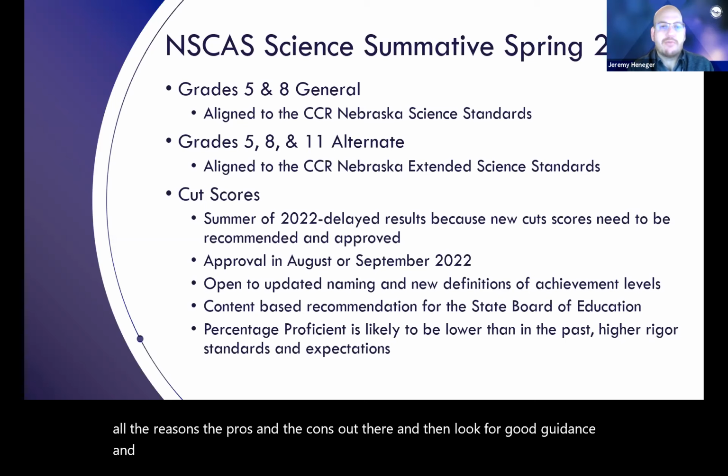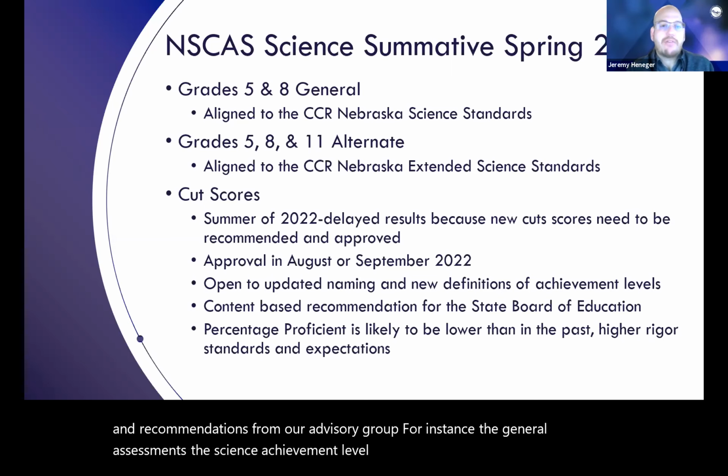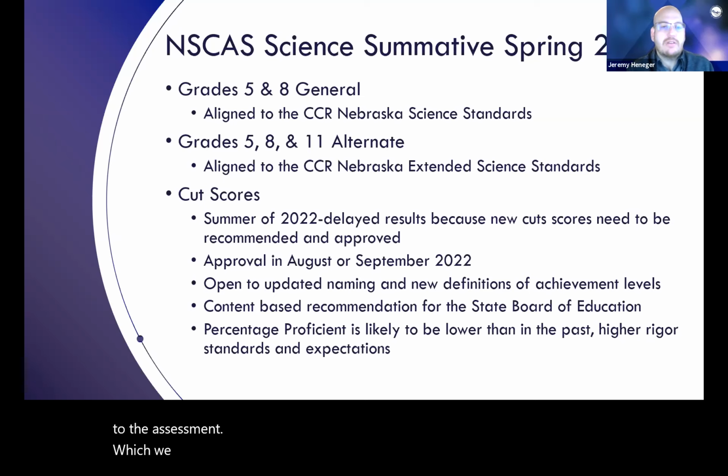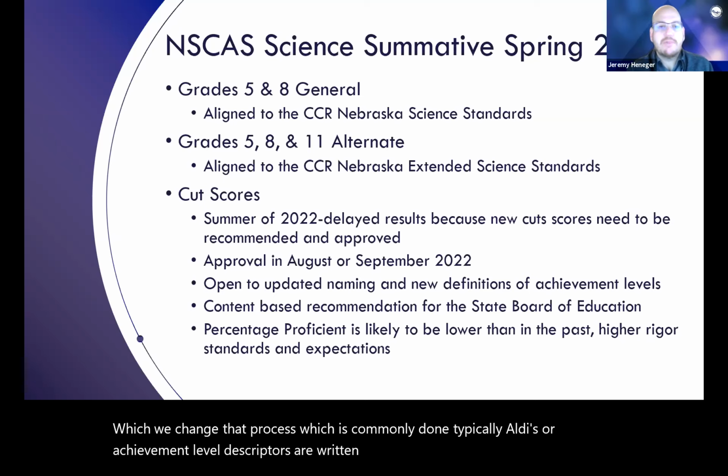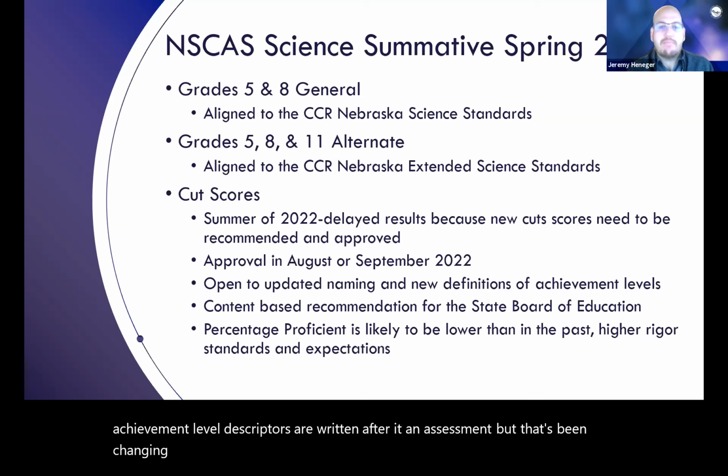For instance, for the general assessments, the science achievement level descriptors were written prior to the assessment, which changed the process. Typically, ALDs, or achievement level descriptors, are written after an assessment, but that's been changing across the measurement landscape.